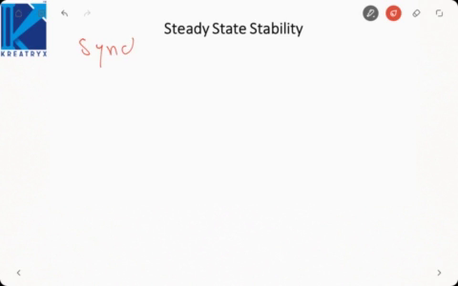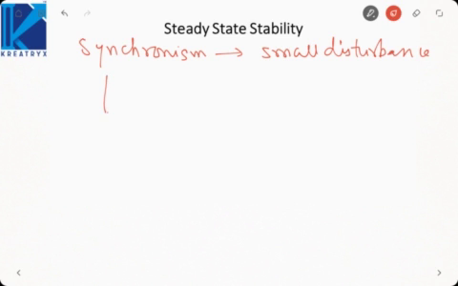So remember, in steady state stability we will only talk about small disturbances. So in any problem, if a small disturbance is given, you have to understand that the problem is related to steady state stability.